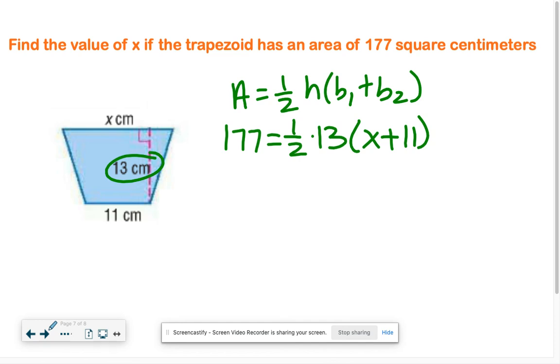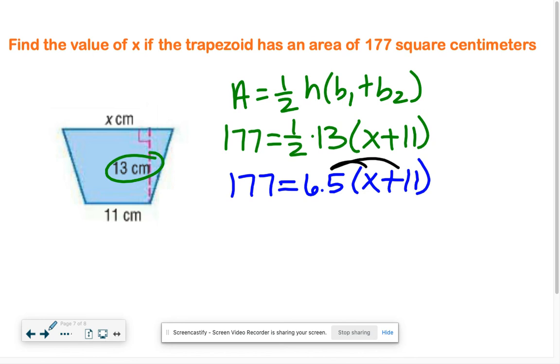I don't like working with fractions, so I'm going to get rid of that fraction right away. So half of 13 is 6.5, times x plus 11. Now you have some options here. You can either distribute your 6.5 into your parentheses, or you could divide both sides by 6.5, whatever you prefer.